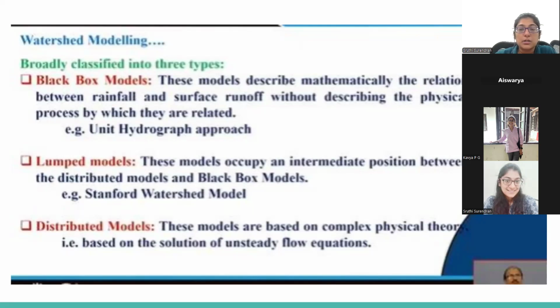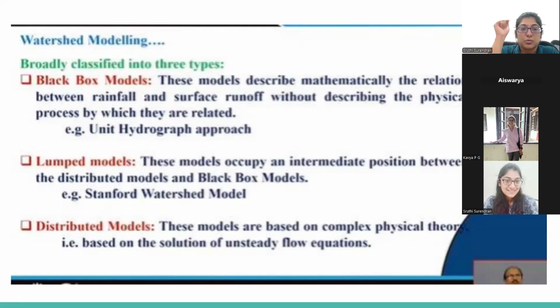Such models are called distributed models. And then there are lumped models, which have one portion of empirical relationships between hydrological components, and then some part of it involves physical based equations.